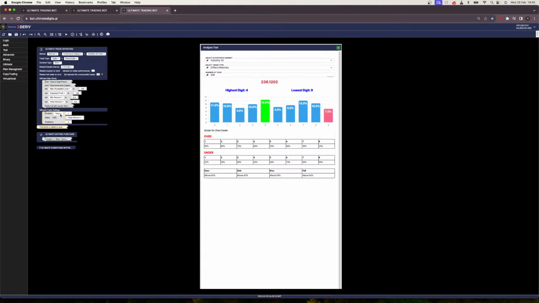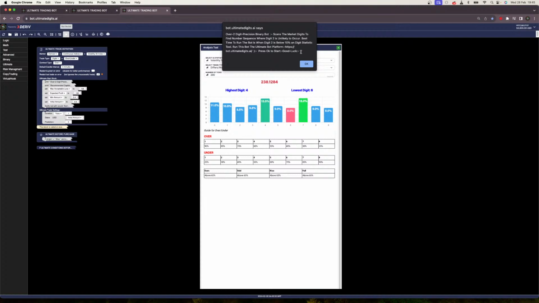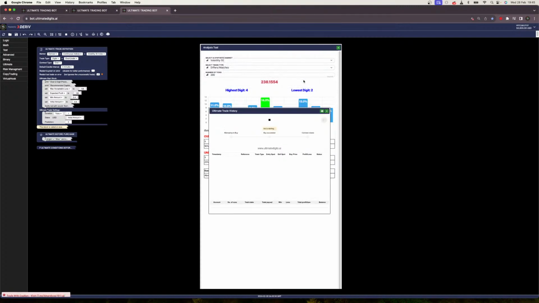For the tick duration, I'll be using 1 tick duration, or you can also use 5 tick duration. So right now, digit 2 is a red number, which means it's the least frequent digit on the market right now. A perfect time to run the bot.